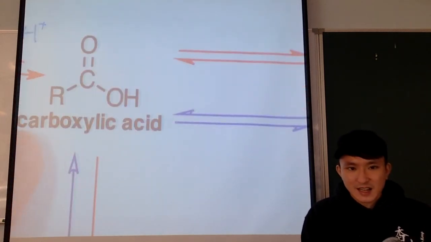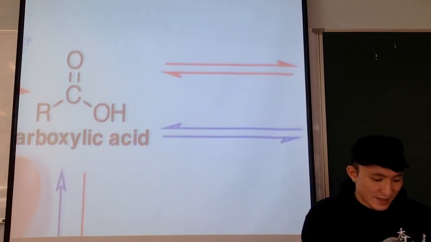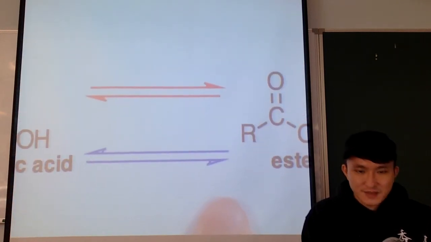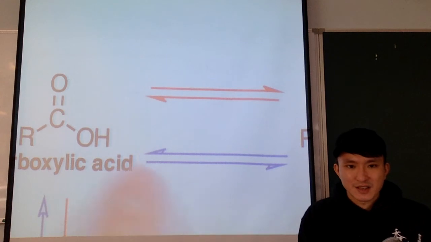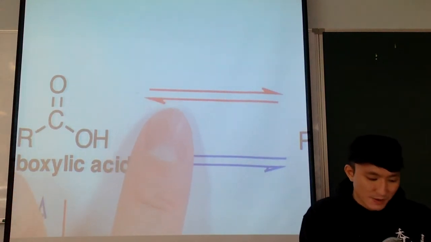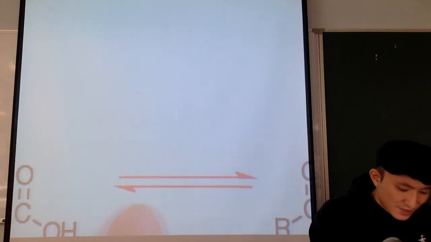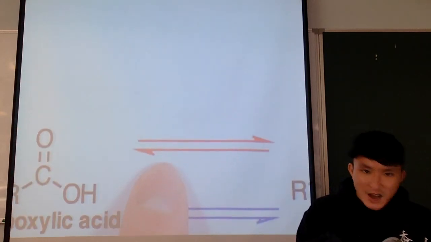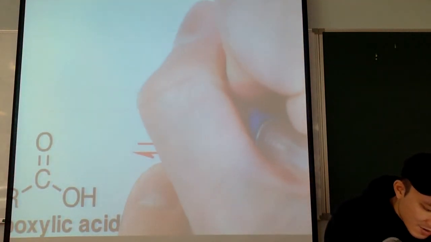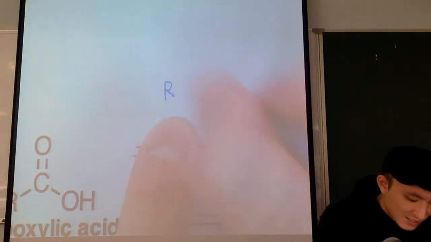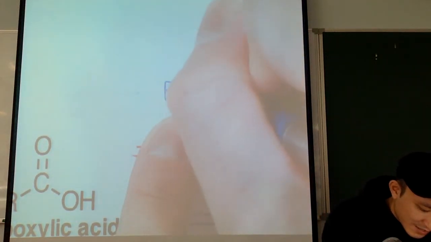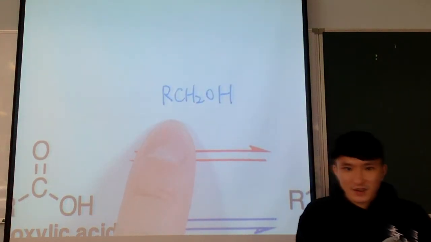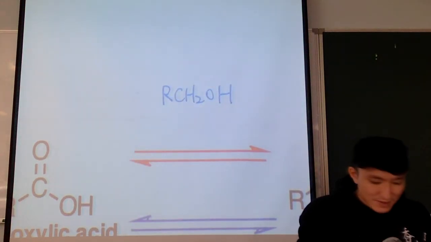Carboxylic acid can be converted into esters, and this conversion is reversible. For this one, you need to first of all use an alcohol as the reagent. Or simply ROH, it doesn't matter.